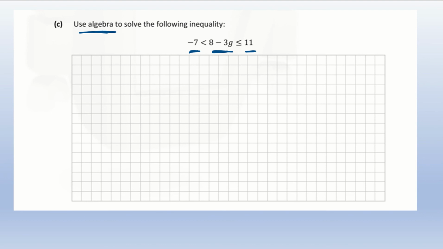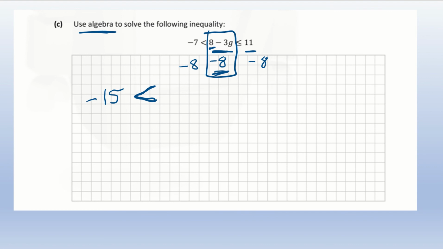Remember, our goal is to isolate the g. So the first thing I'm going to do is take 8 away from each one of my 3 sides. I'm going to put that down underneath each one. If we take our first segment here, -7, take away another 8, that gives me -15. I have my inequality sign there. In my middle part, 8 take away 8 gives me 0.